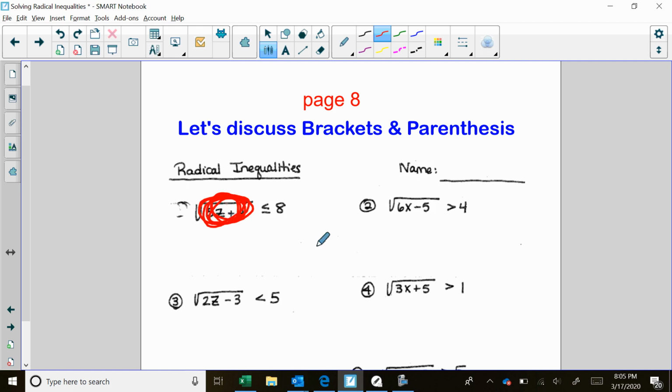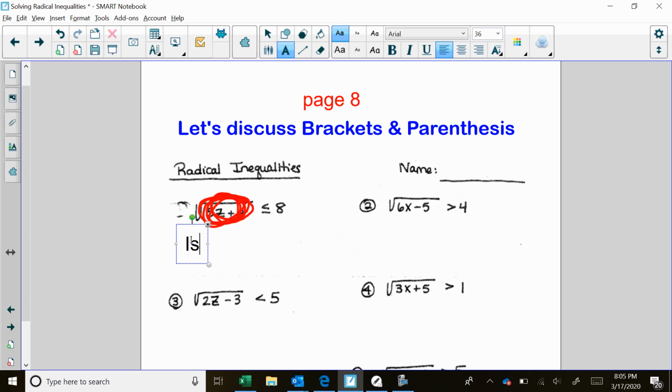Now, the question is, is 0 less than or equal to 8? Let me put that equal sign in there for you.